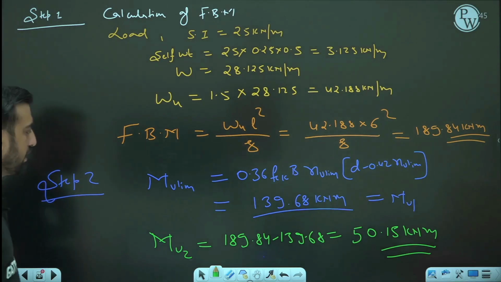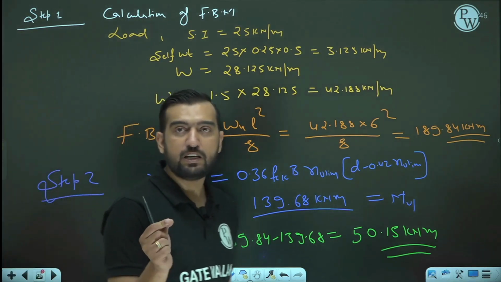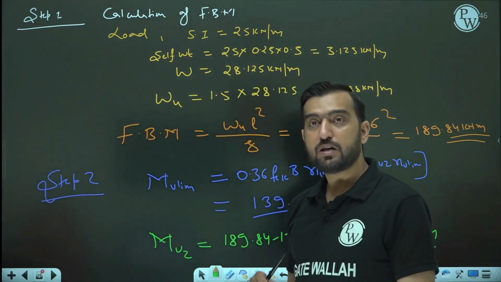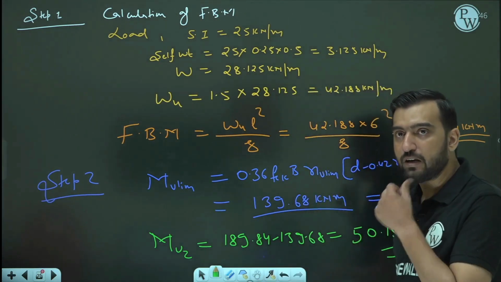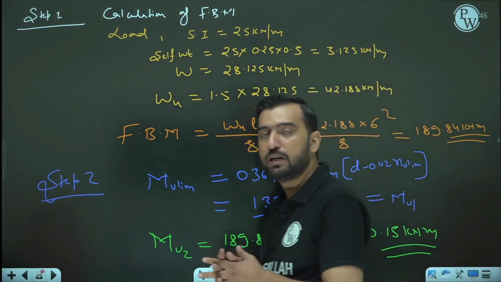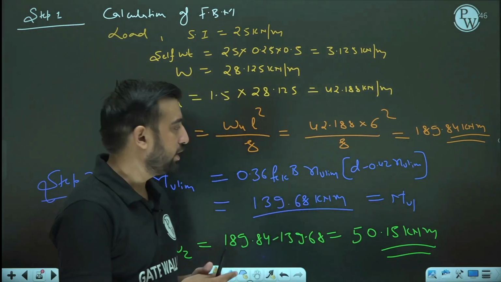Okay. Now calculate Ast1, Ast2 and Asc one by one. But for Asc we need to calculate the value of strain, and for that strain you need to interpolate the values.